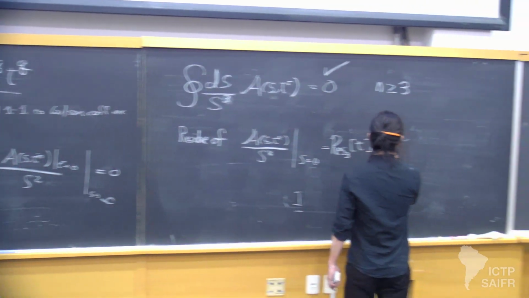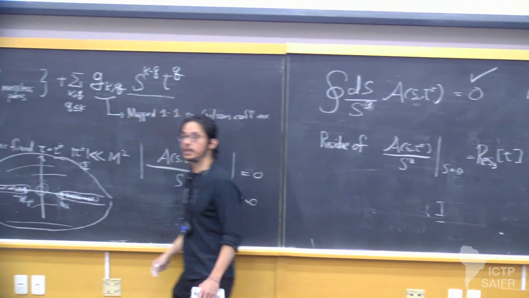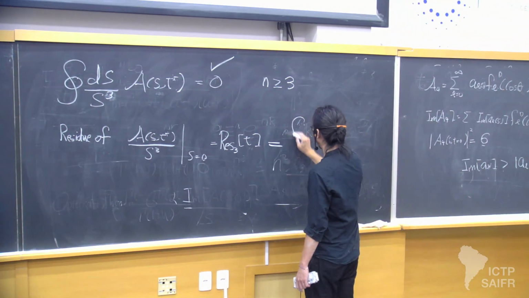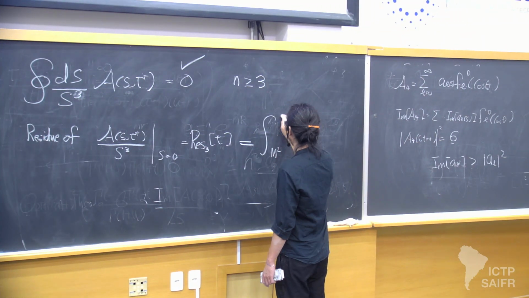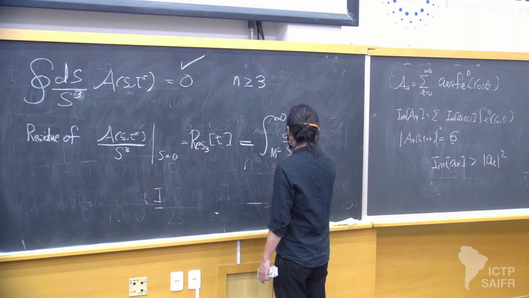This is going to be equal to the discontinuity of the S and the T channel, U channel. And you can combine this into the integral from m squared to infinity of ds, let me call this S prime cubed.